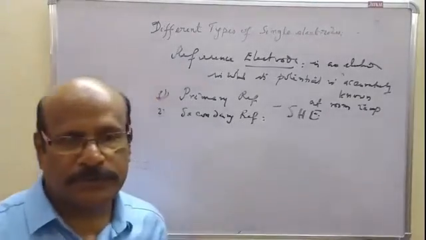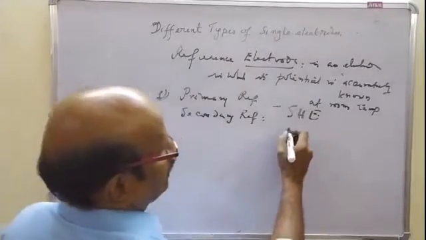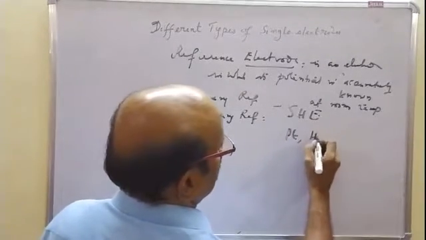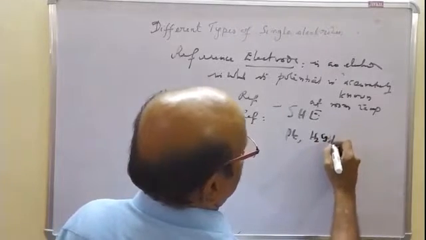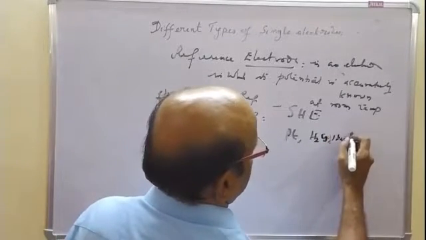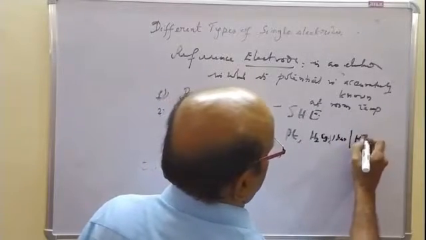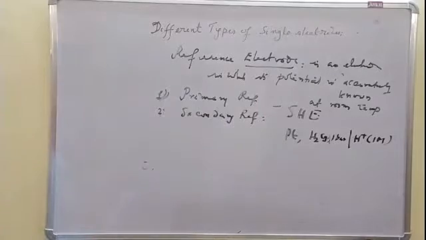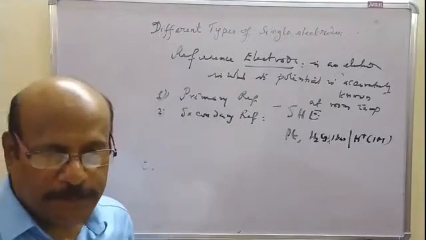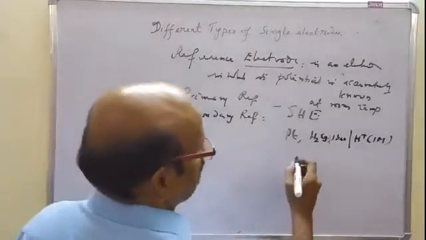It is an electrode which consists of platinum in contact with pure dry hydrogen gas at 1 bar, 1 atmosphere pressure, which is in contact with H plus solution of 1 molar, or hydrochloric acid solution of 1 molar. Its potential is arbitrarily fixed as 0.